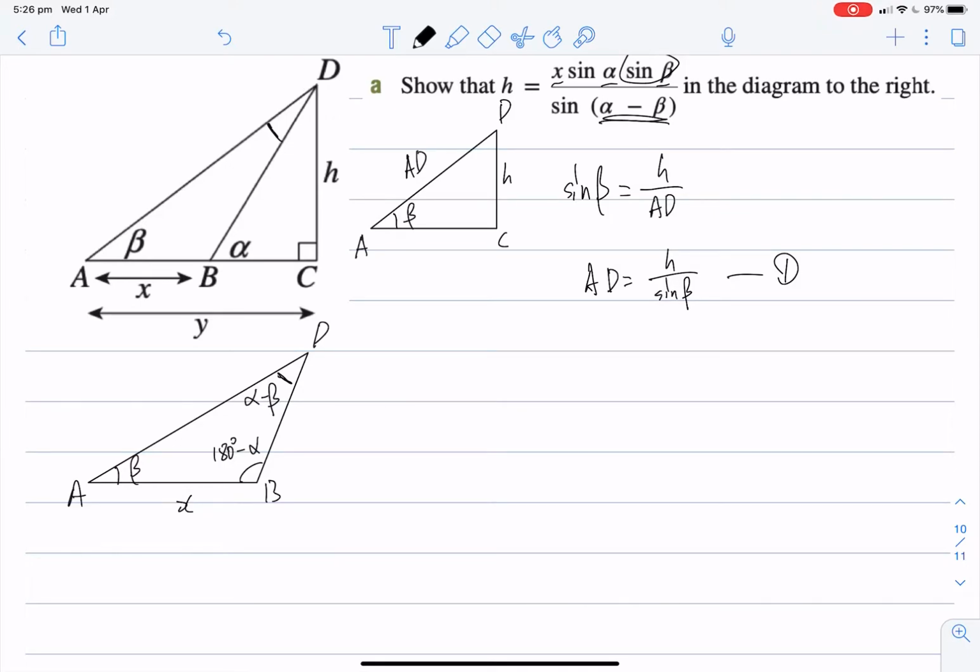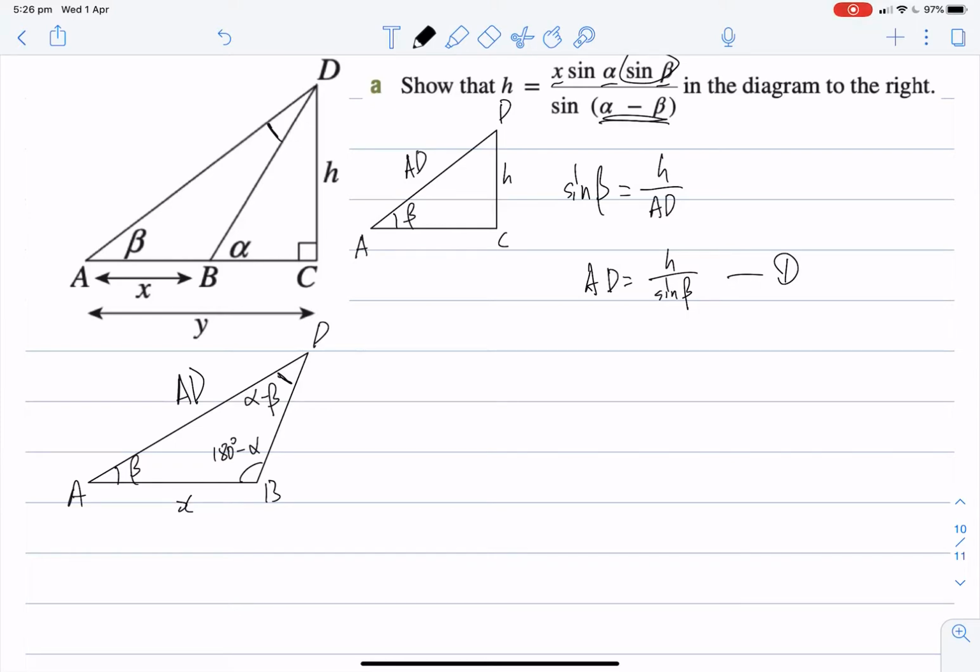It's really easy for us to do the sine rule. So let's do AD, which involves the 180 minus alpha, and x, which involves alpha minus beta, and sine of alpha minus beta is in the equation. So that's another reason why I think we're in the right direction. Let's write it out.